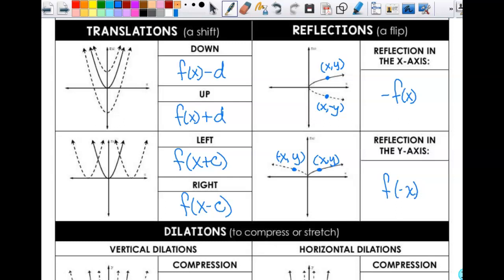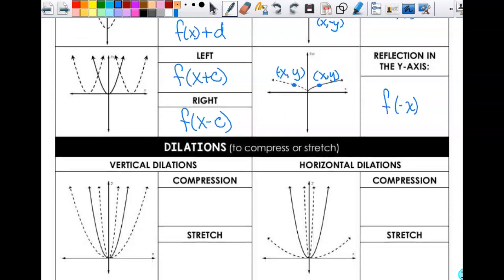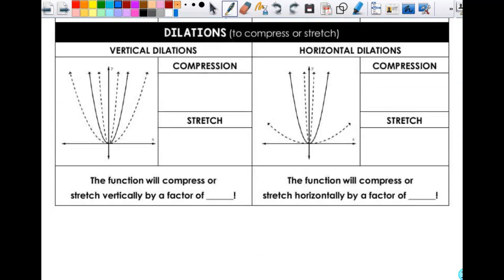Okay. Right, so then our dilations, our compressions, and our stretches. If I'm going to have a vertical dilation, that means this is going to affect y. Anything vertically done affects y. It's affecting the y value, which means it happens after we have done whatever the operation is, squared it, square rooted, whatever.